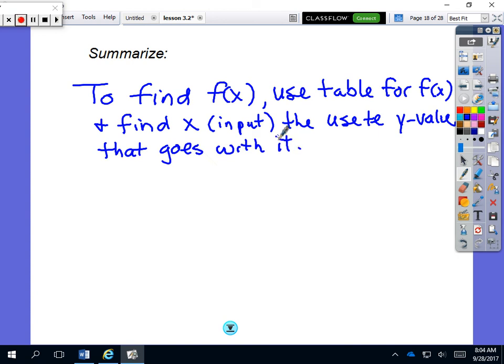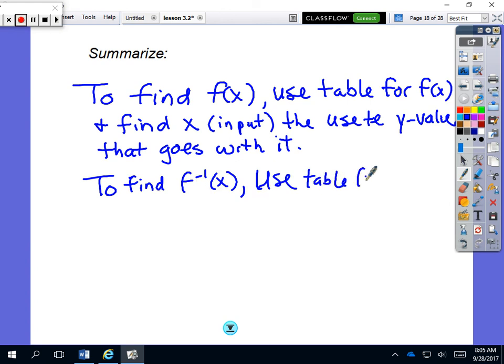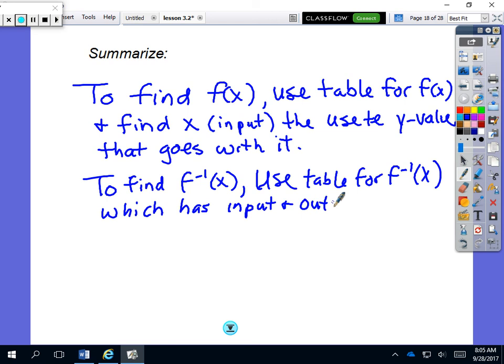That's one way of putting it. I mean, if you have it in your own words in some way, that's fine. And to find the inverse, f inverse of x, use the other table. Use the table for f inverse of x, which has input and output switched. Okay, so you would still do the same thing after that. You just use the other table.